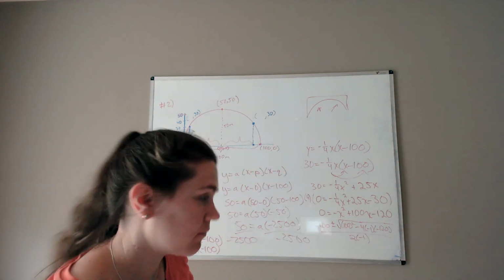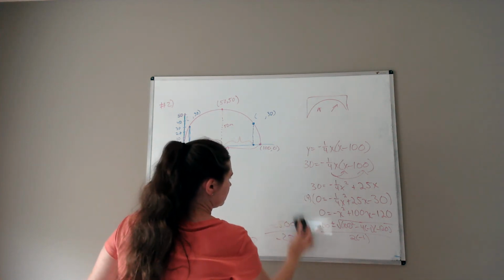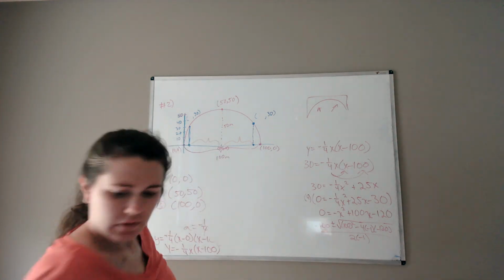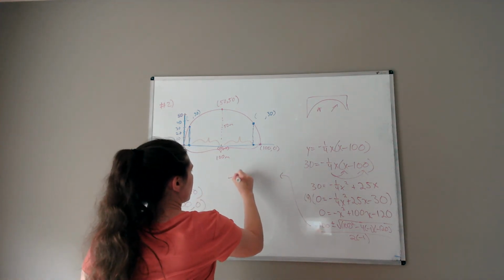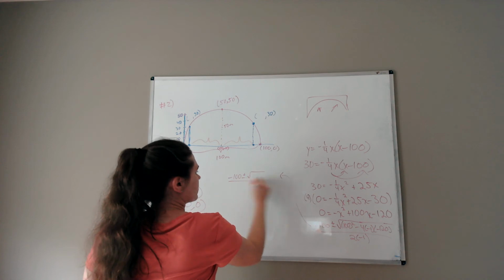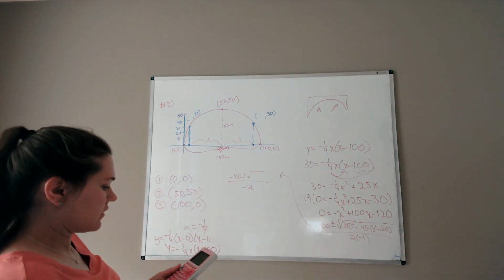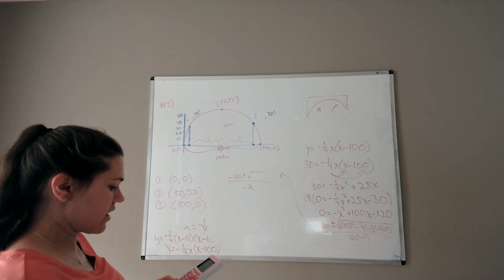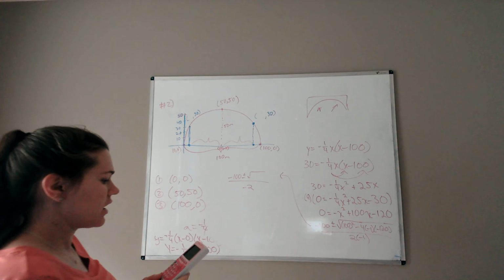Okay, so that's going to give us, I'm going to erase this. Okay, we can use our calculator. This is going to give us negative 100 plus or minus the square root of something over negative 2. Let's find that something. That's going to be 100 squared minus 4 times negative 1 times negative 120.